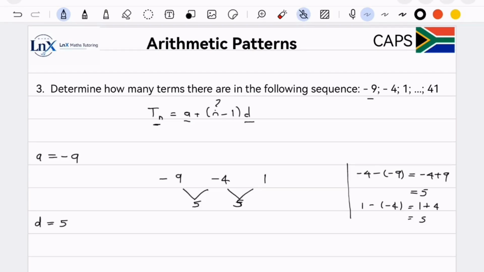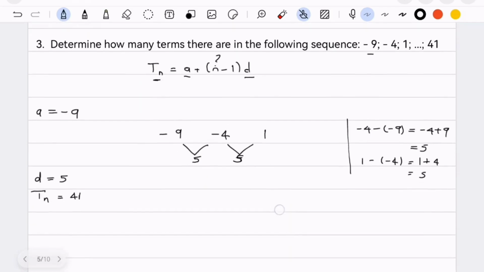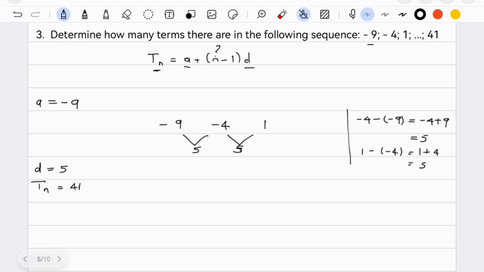Then we need to solve for n, right? So we know that Tn equals 41. So now let's solve for n. Given that we have Tn, which is 41, then a, which is -9, plus n minus 1, our d is 5. So now we need to solve for n.